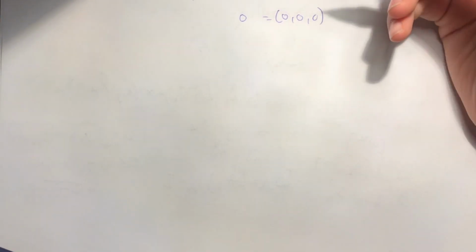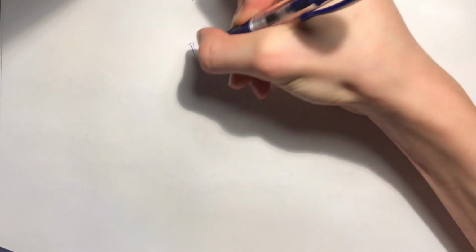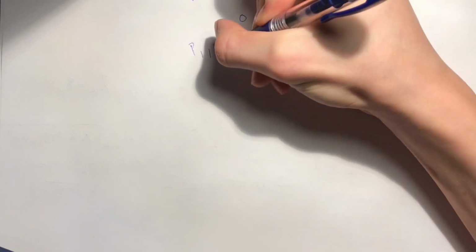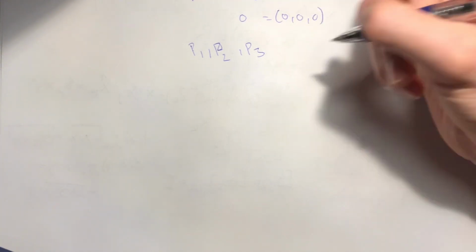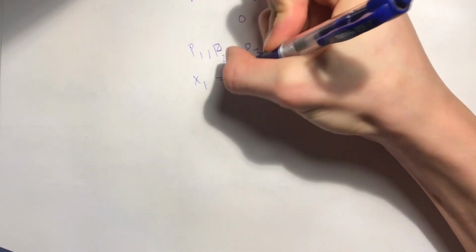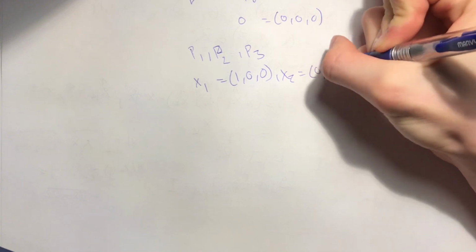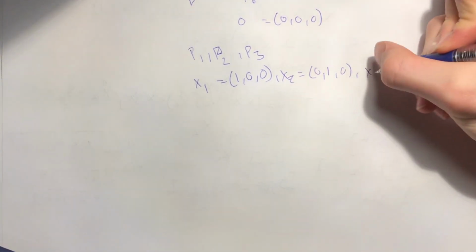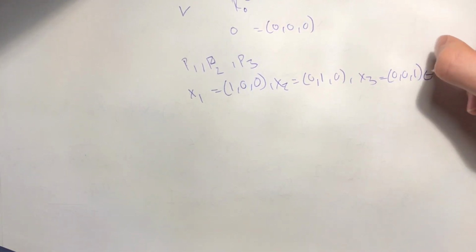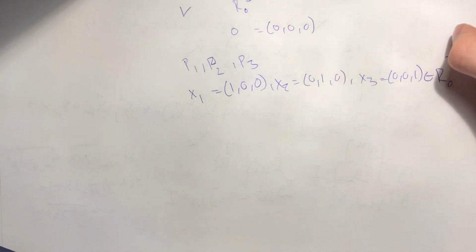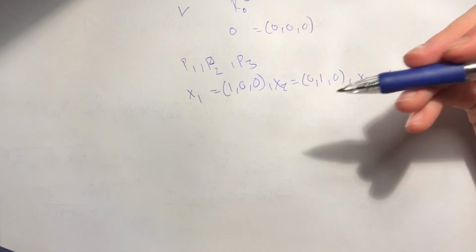We could call it the origin of V. Then name P1, P2 and P3 the points of V corresponding to the triplets, namely x1 equals 1, 0, 0, x2 equals 0, 1, 0, and x3 equals 0, 0, 1, all elements of R^3. The origin O and the points P1, P2, P3 of V determine a Cartesian coordinate system on V.